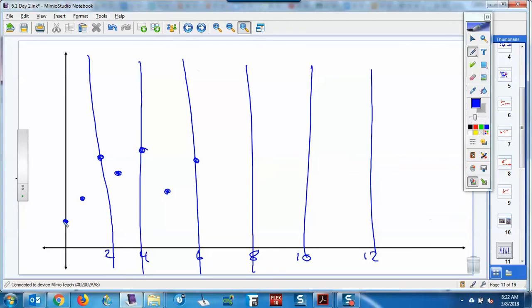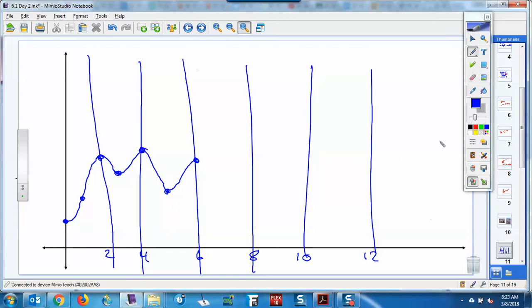And then I want you to connect that with a smooth curve, not just straight lines in between, and so you end up with this graph. So everybody would end up with that same graph and all of the points, right?